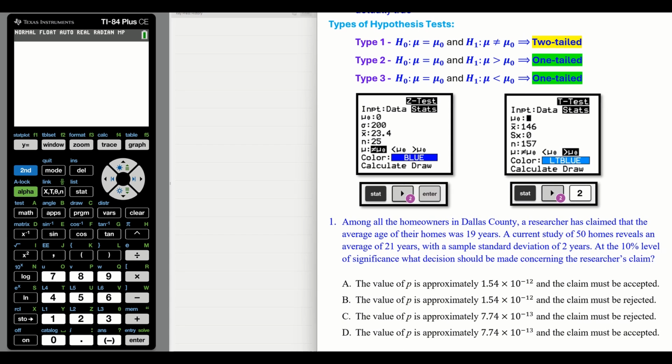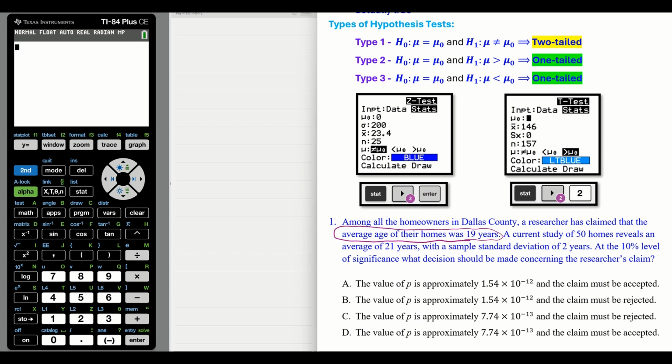Let's get this over just a smidge. Okay, number one. Among all of the homeowners in Dallas County, a researcher has claimed that the average age of homes was 19 years.